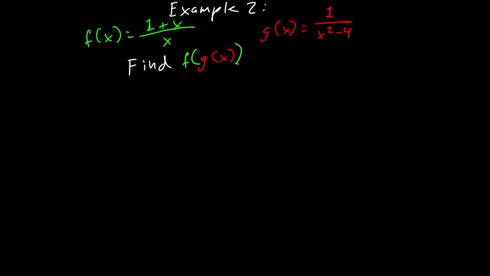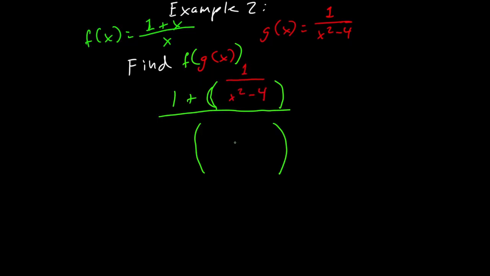So first off, we're trying to find f of g of x. Once again, we can write out f of x: 1 plus, and then right here we can do a blank over, again, a blank. And we can then write in g of x into those blanks. So we have 1 over x squared minus 4, and we have 1 over x squared minus 4.